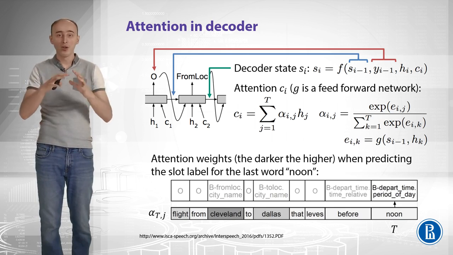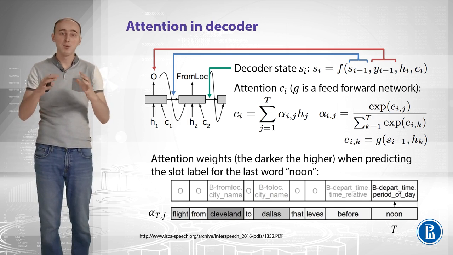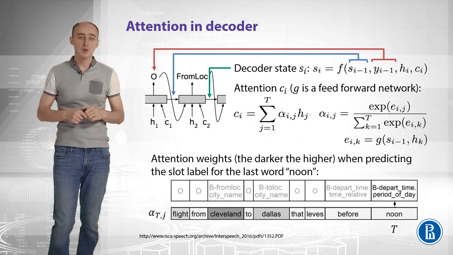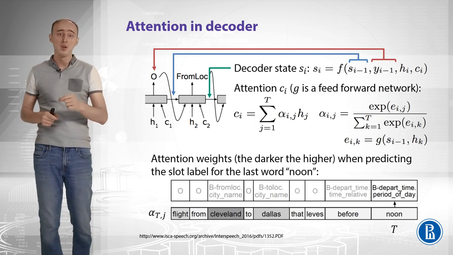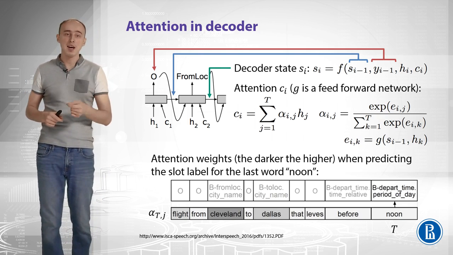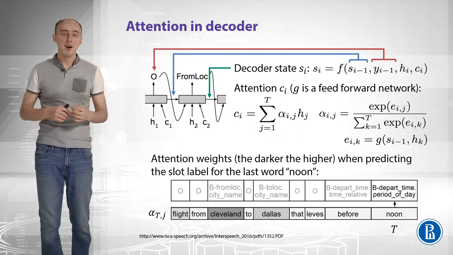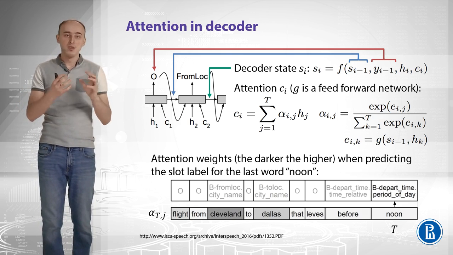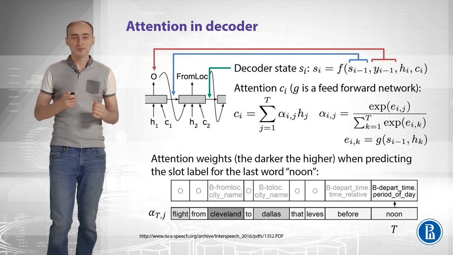It needs to figure out whether we need that state from the encoder or not. You can also see an example of attention distribution when we predict the label for the last word. When we predict a label like departure time, our model looks at phrases like from city or city name or something like that.